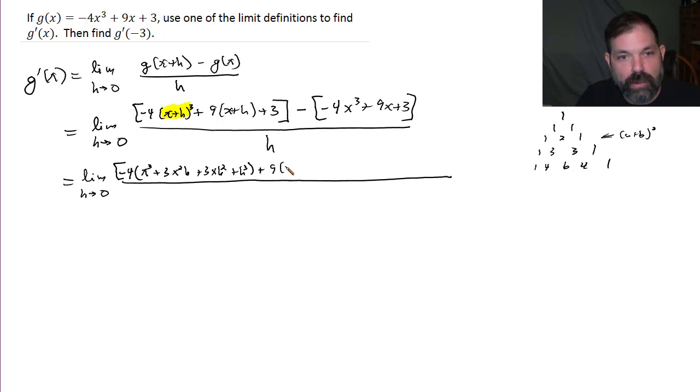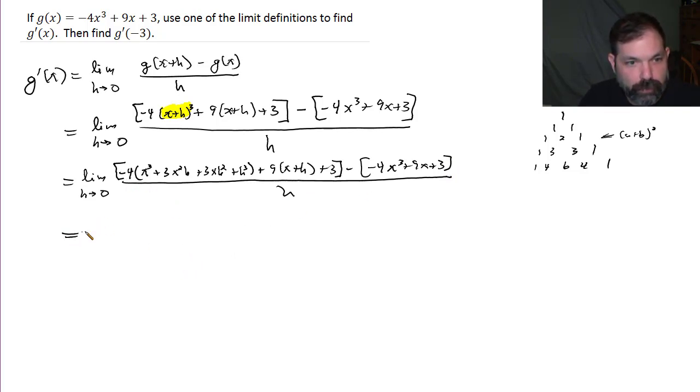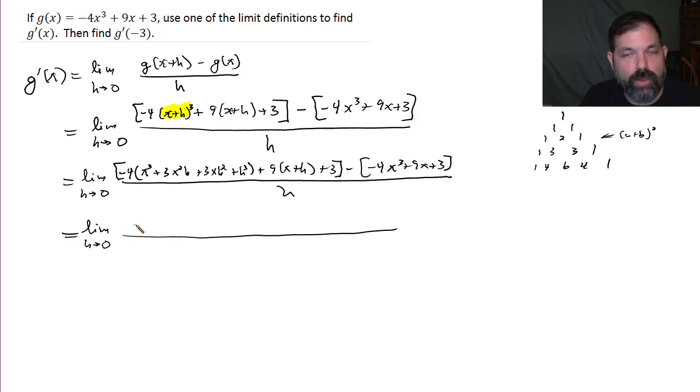I'm going to leave everything else alone. Now let's distribute. This is the limit with h approaching 0 of, be careful here. I often see errors with distributions, mostly sign errors.